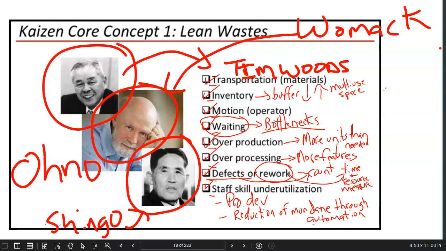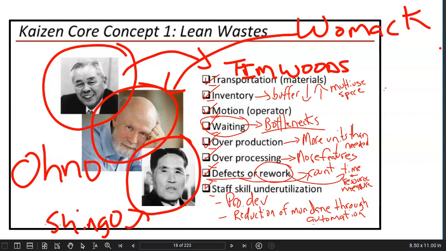And I'm not sure if this part of the story is completely accurate or not, but as the story goes, he got a little bit of pressure from his publisher that he needed to create a more generic title name that didn't reference Toyota. He went back and brainstormed with some of his fellow colleagues and coined the term lean thinking, retitled the book, The Machine That Changed the World, The Story of Lean Production, and it became a national bestseller and really brought to light the techniques and concepts that had been worked on for decades over in Japan.